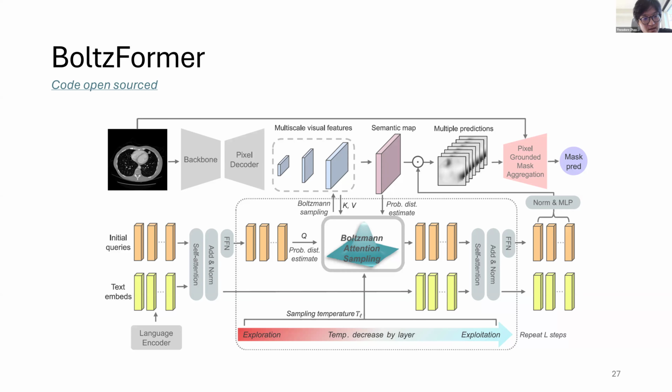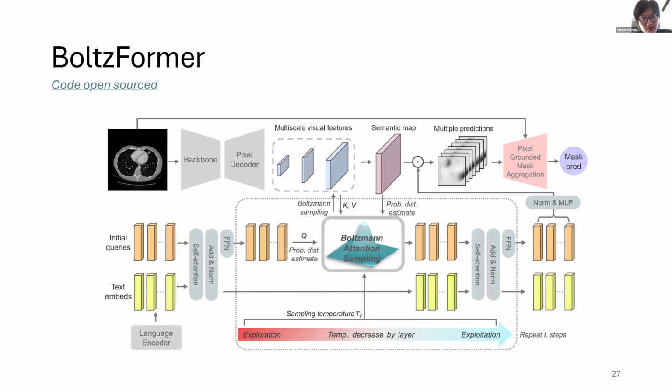We initialize some different queries in parallel. These are all learnable embeddings from the model. The other parts are the text embeddings from any language encoder, so you can encode your prompts into a few text embeddings. Then they all go through self-attention layers to exchange information.